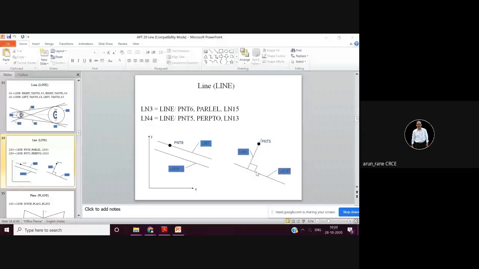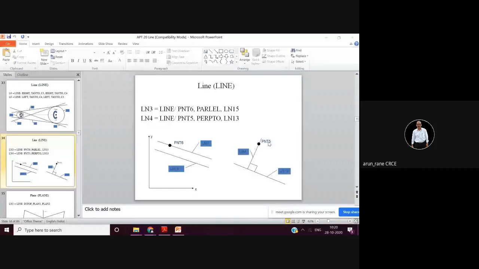Again, now suppose this is the line 4. Line 4 is perpendicular to line 13. Now there can be a number of lines which will be perpendicular to line 13. So if you are talking about one particular line, then you can say that line 4 is perpendicular to line 13 and it is passing through point 5.